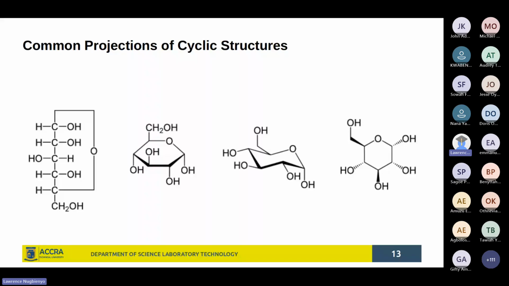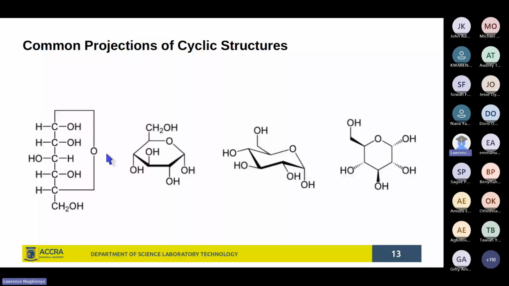I was just saying that you have the Fischer projection, which we saw as the straight chain structure, and sometimes the ring structure is shown this way, just to show that there is a cyclization in that molecule from carbon number 1 to carbon number 5.